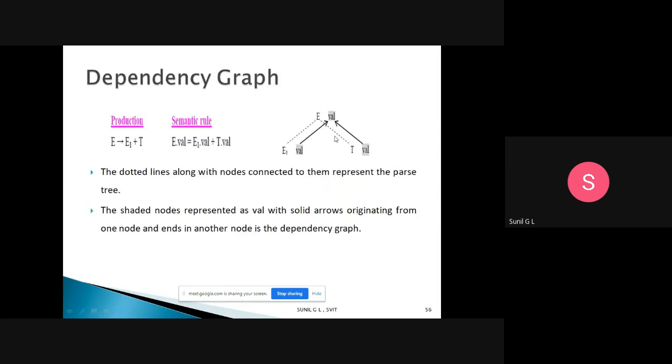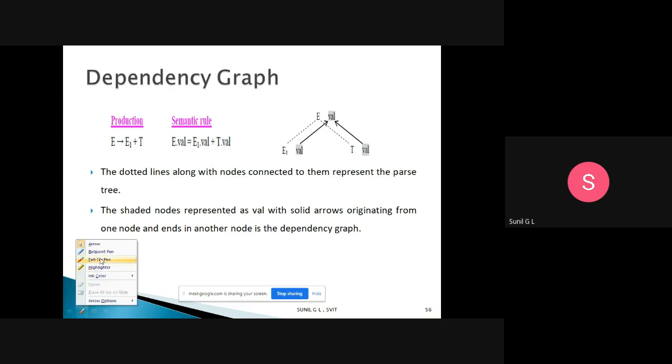Here we will take one simple example. We have the production E tends to E1 plus T. For that, the semantic rule is E dot val, that is the value of E, computed by adding the value of E1 and the value of T. That is, E dot val is equal to E1 dot val plus T dot val.